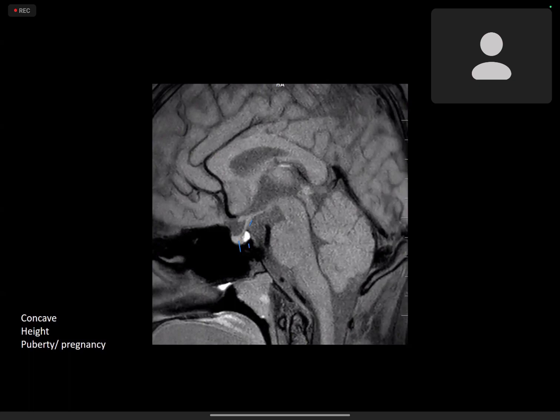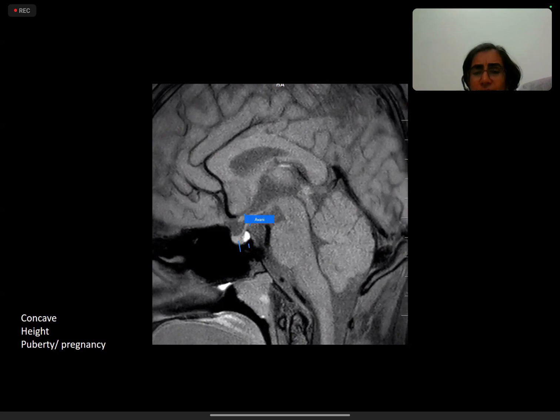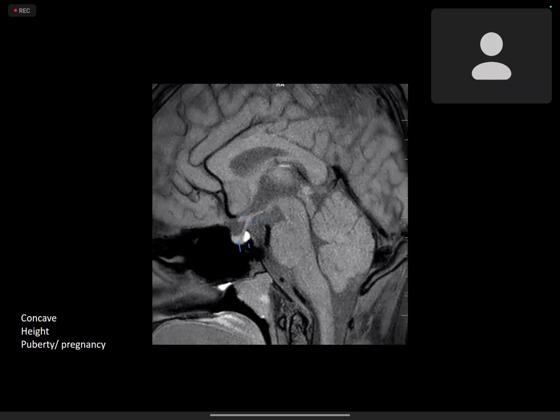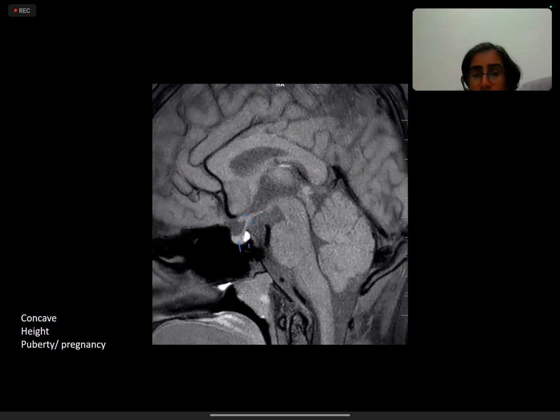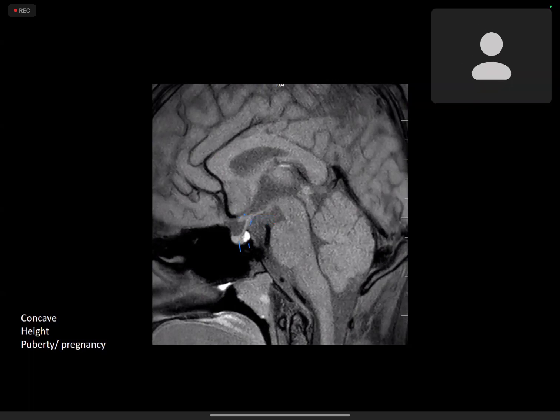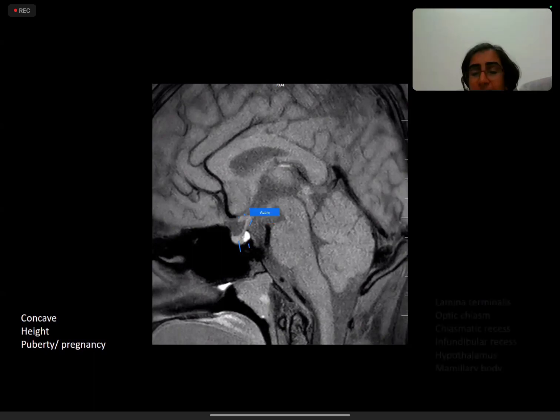Anteriorly is this the optic chiasma. Just a little anterior to what you're pointing, yeah, here. And exactly where you are pointing is the chiasmatic recess.